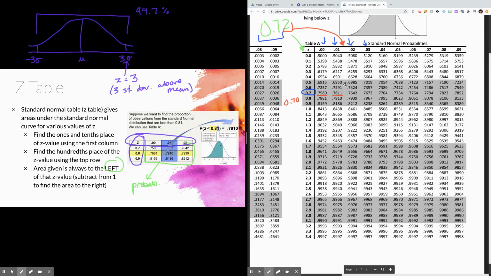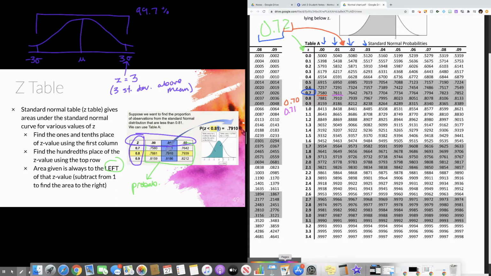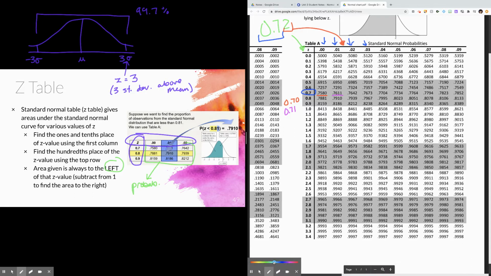This one is the one associated with the z value 0.71. So the one that I want is this one that's associated with z equals 0.72.